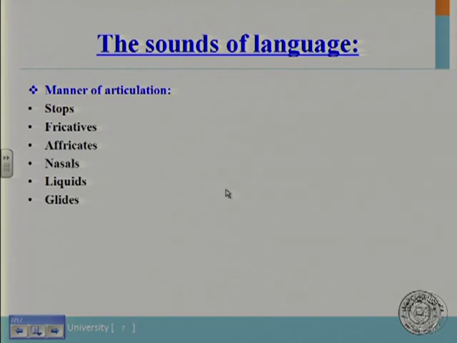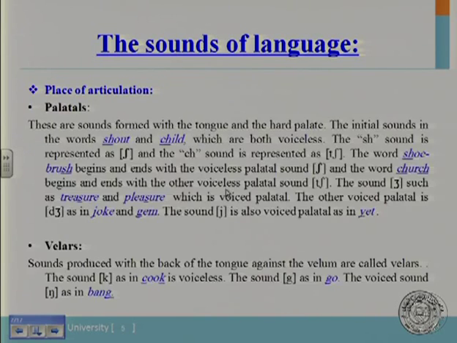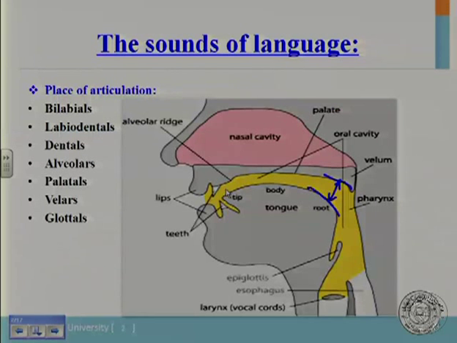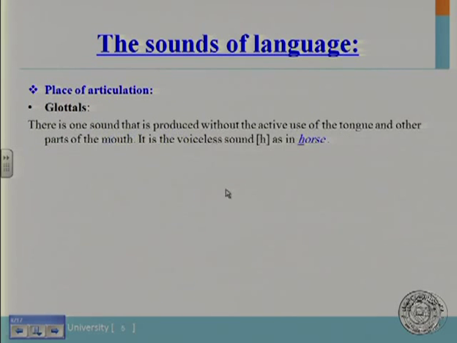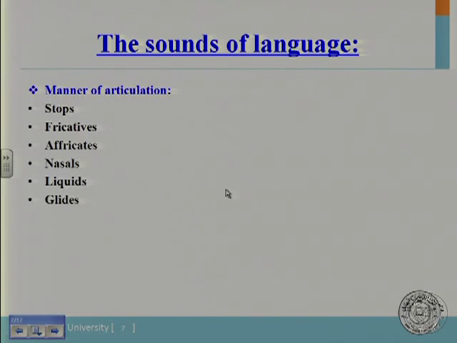Then we will start with the manner of articulation. The previous slides were about the place of articulation. We have bilabials, labiodentals, dentals, alveolars, palatals, velars, and glottals, which is the place of articulation. Now, the second is the manner of articulation.